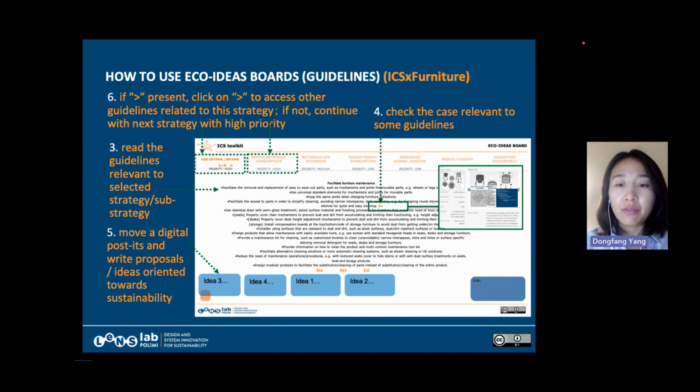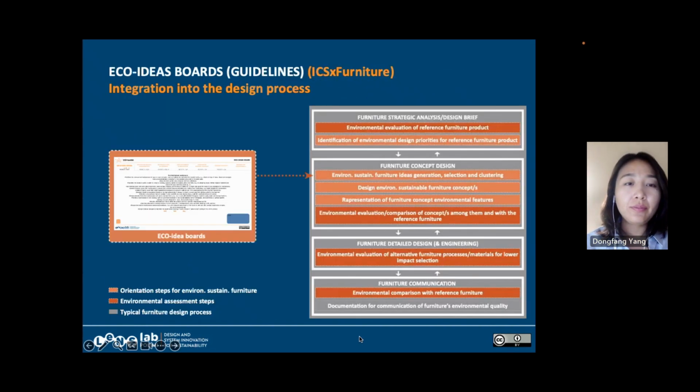The outcome of the tool is a collection of sustainable furniture product design ideas that you can use to create new concepts in the next steps. You can use this tool during the furniture concept design stage to generate environmentally sustainable furniture ideas.